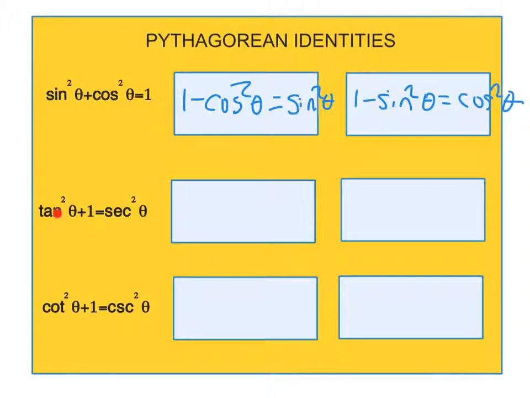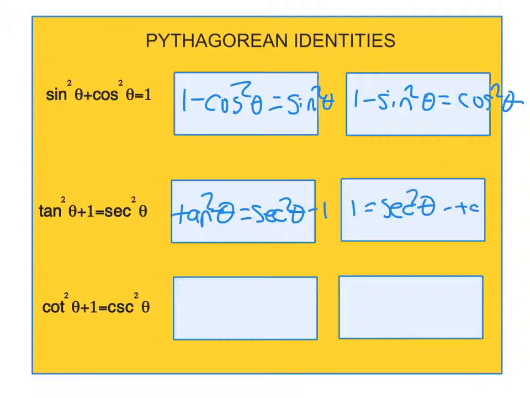Same thing with these ones. I can move my tangent squared over. I can leave my tangent squared there and move the 1 over, or I can move my 1 over and leave the tangent squared there. So this also equals tangent squared theta equals your secant squared theta minus 1, or your 1 equals secant squared theta minus tangent squared theta.